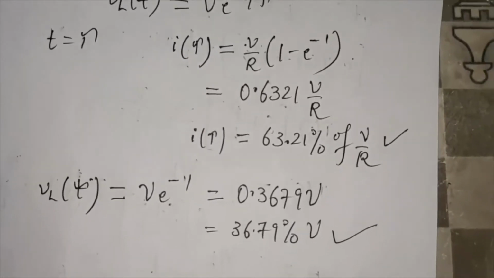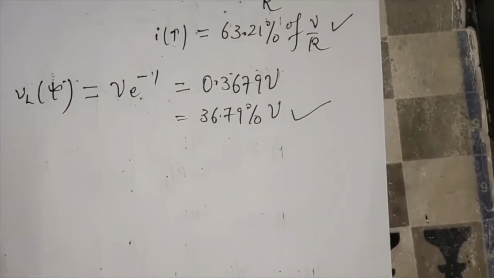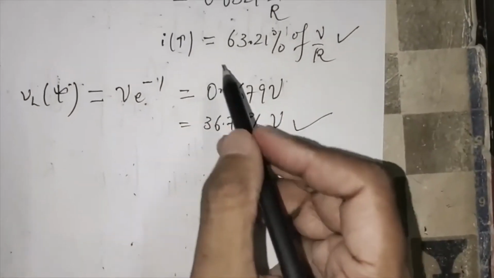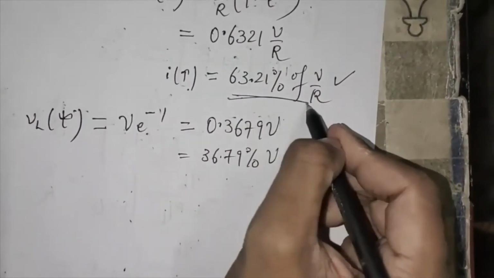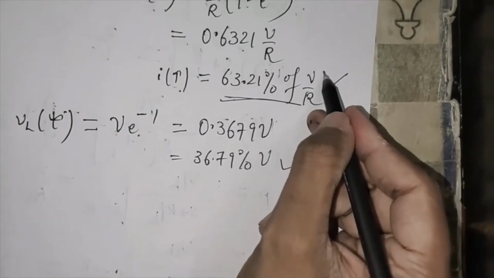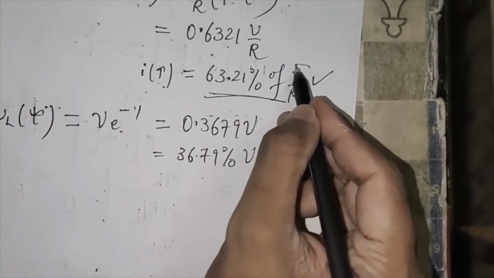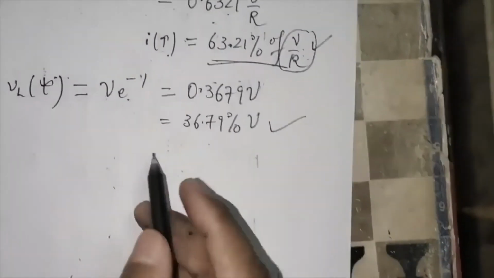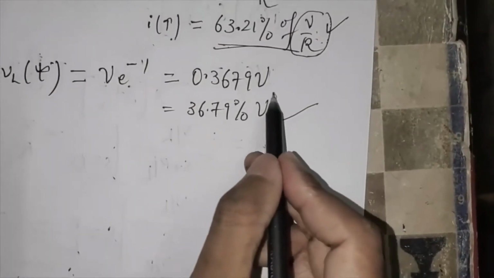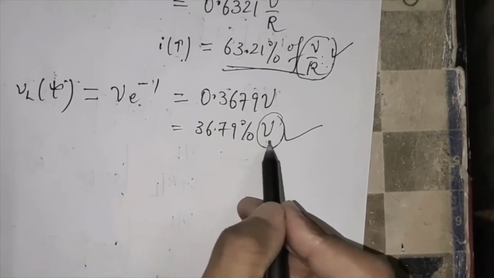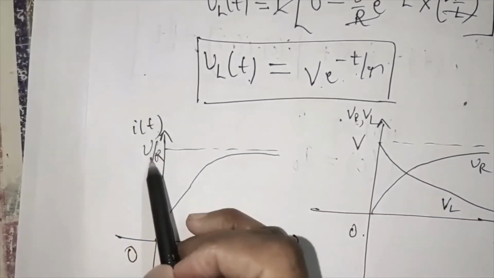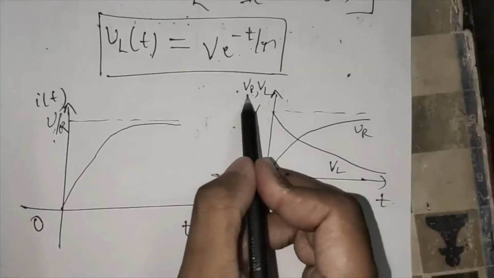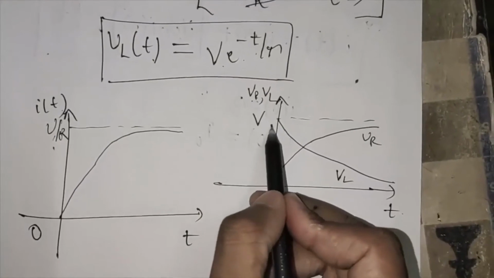So from these two conditions, we can define the time constant of an RL circuit as the time taken for the current flowing through the inductor to reach 63.21% of the steady state value. We know that V/R is the steady state value for the current response, and for the voltage response the steady state value is V, as we can see from the graph.